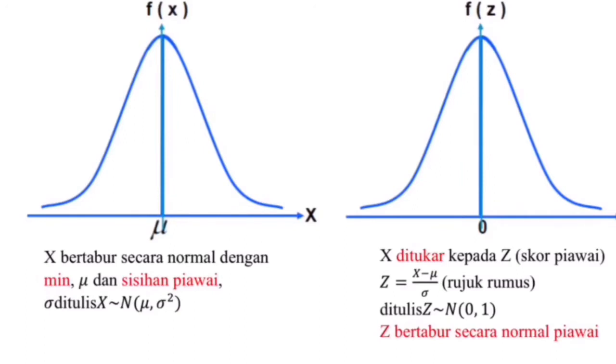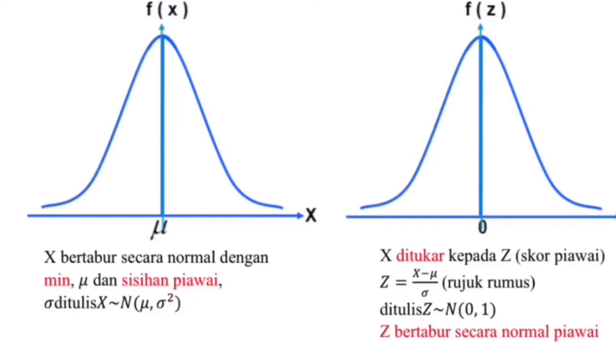The next characteristic is that the graph must be symmetrical. So the area for half of the bell to the right must be 0.5, and to the left is also 0.5.